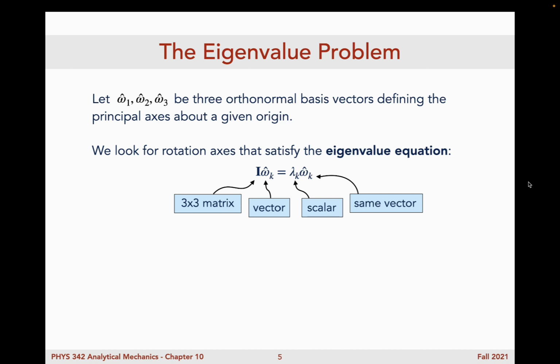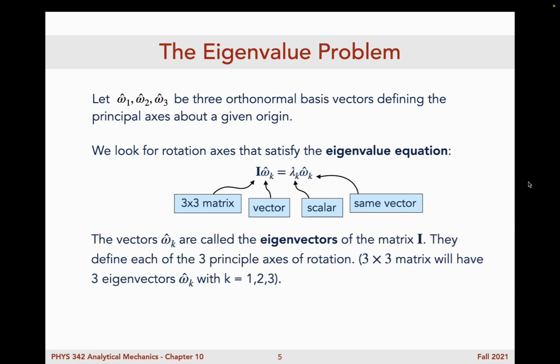You take a matrix, apply it to a vector, you basically just get the same vector out with some scaling out in front. So these omega k's are called the eigenvectors of the matrix I, and they define the three principal axes of rotation.